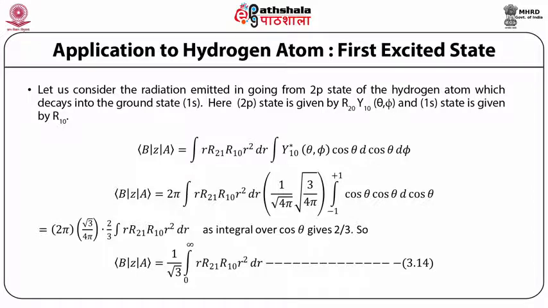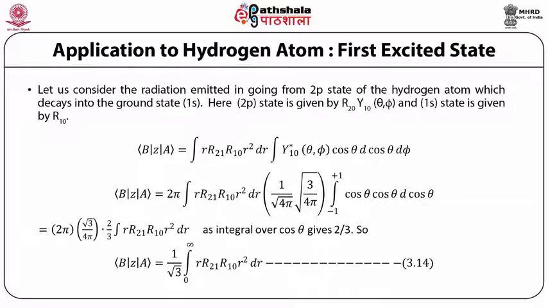Therefore, this is equal to 2 pi into the integral over dr of r into the two radial functions R_21 and R_10 into r squared, multiplied by 1 over square root of 4 pi and square root of 3 over 4 pi and the integral from minus 1 to plus 1 of cos theta d cos theta.